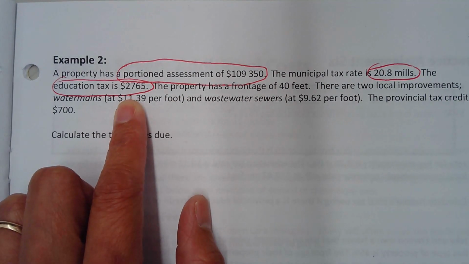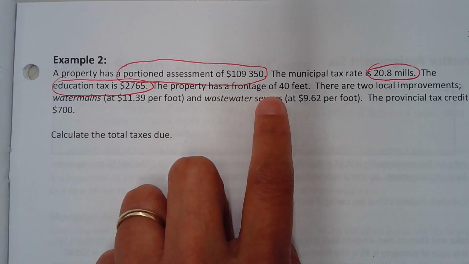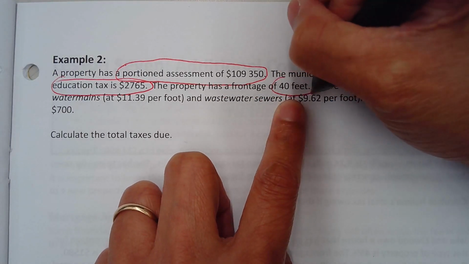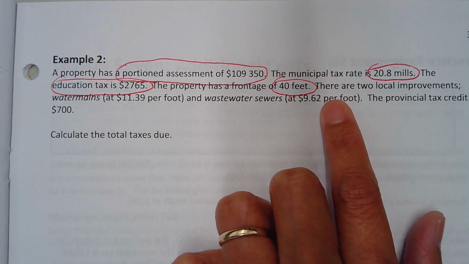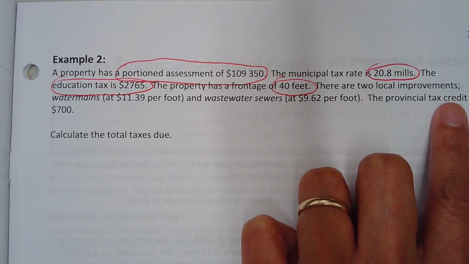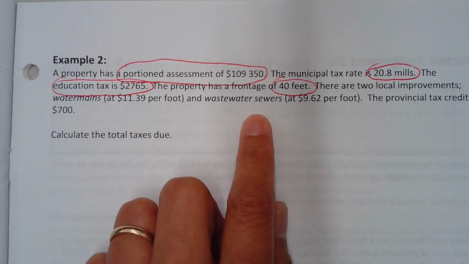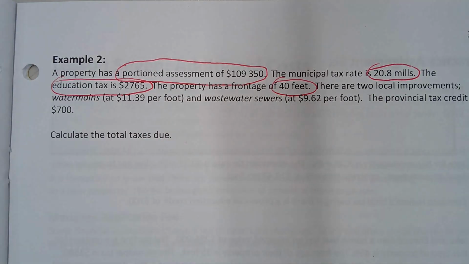They just say this is how much you're going to pay. The property has a frontage of 40 feet. We're going to need that for local improvements, and there are two here, a water main and wastewater, and those are the amounts. And of course, there's a provincial tax credit of 700.